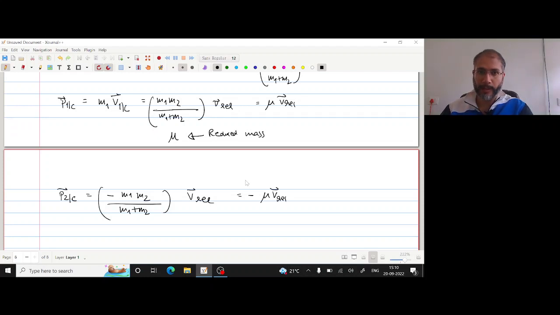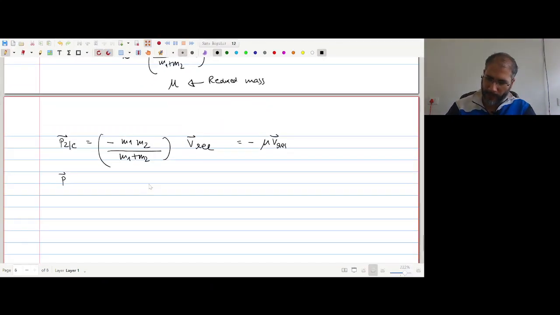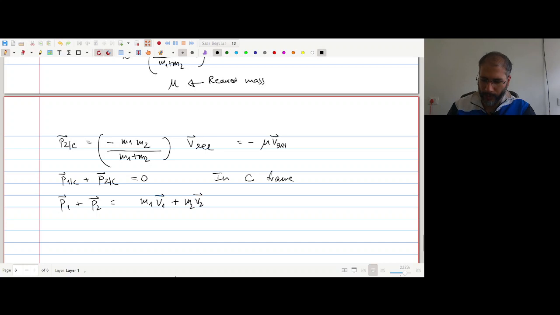This is a very interesting thing that we notice from here, that the sum of the momenta, that is P1C plus P2C, is equal to 0 in the C frame. And in the L frame, P1 plus P2 is simply m1 V1 plus m2 V2. Since it is the same, we can either use the initial, that is before collision velocities, or after collision velocities, and this is nothing but m1 plus m2 times VCM.